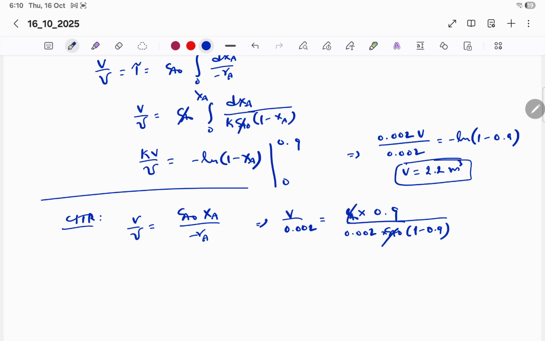CA0 will be there in both, so it will get cancelled out. Then you will get the volume, how much? 9 meter cube.